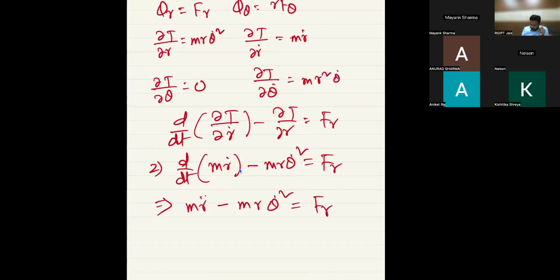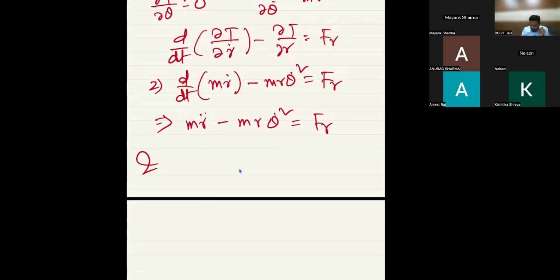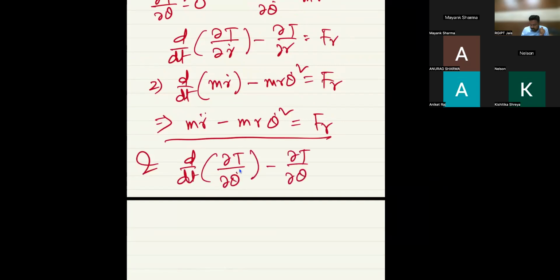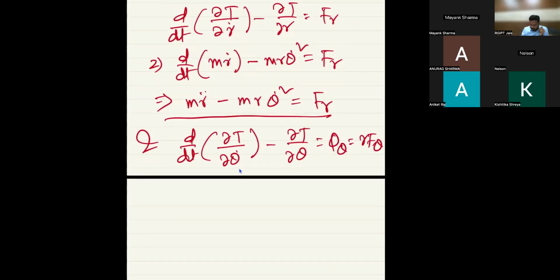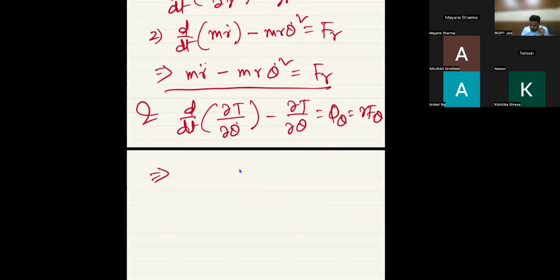This is one of the equations. You should also get the equation for d/dt of del T del theta dot minus del T del theta, which is equal to the generalized force Q theta, and Q theta is r F theta. What is del T del theta dot? m r square theta dot.